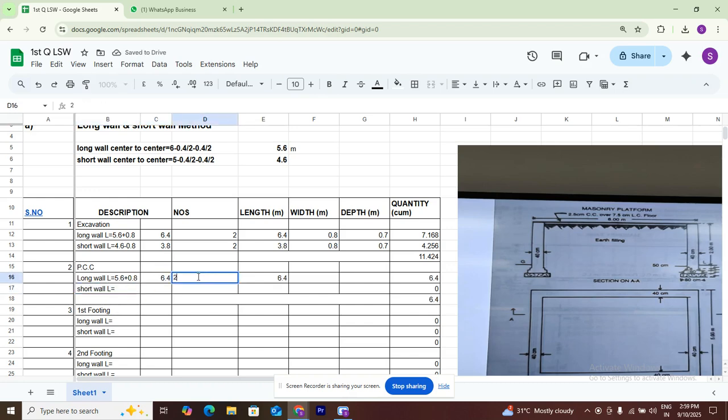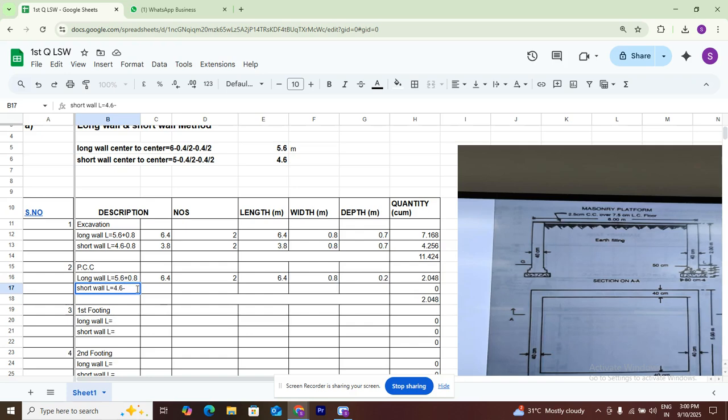Number of walls, two long walls. That's the PCC, same as before. What is the width of the footing? It is 0.8. Thickness of PCC is 0.2, and same for the short wall. 4.6 is the center to center. We need to remove what is already added in the center to center, again we are adding in the walls.